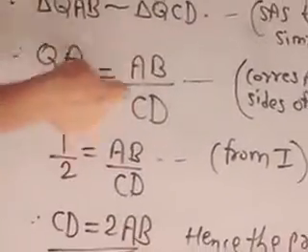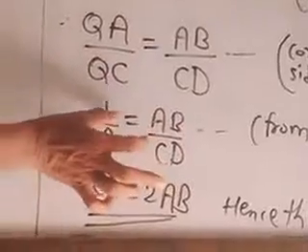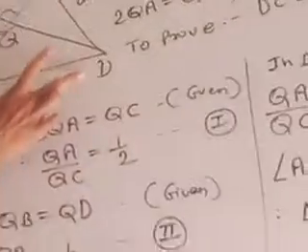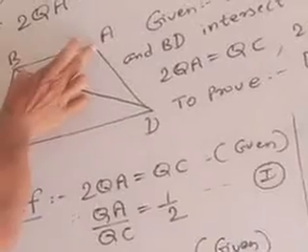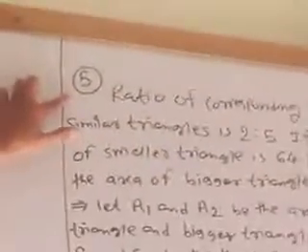Put the value of QA upon QC, 1/2 equals AB upon CD, in bracket from 1. Then cross multiplication: 1 into CD and 2 into AB. Therefore CD equals 2AB. So we have to show that the length of CD is 2 times AB. So CD equals 2AB. Hence proved.